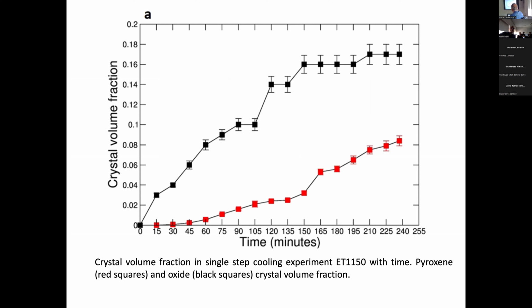Instead, oxides reached 0.18 more or less volume fraction. So you start with a basaltic composition, and you get pyroxene and oxides at 1150 degrees Celsius, ambient pressure, after 4 hours.